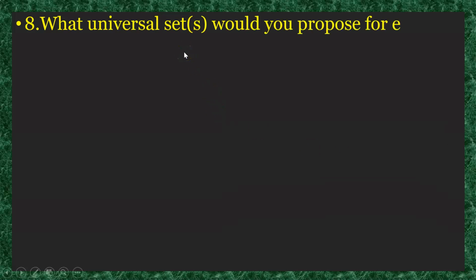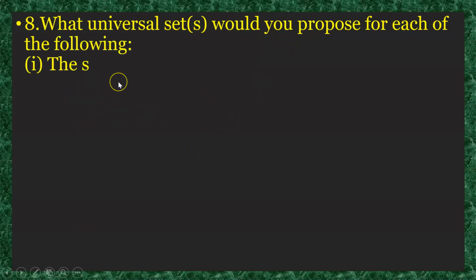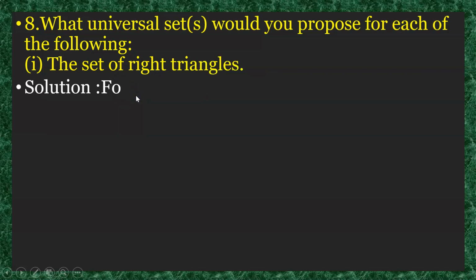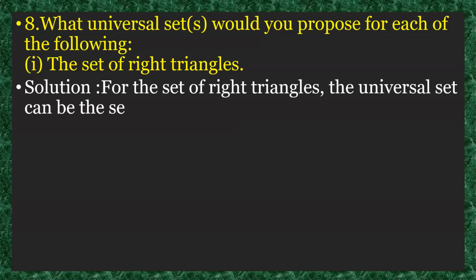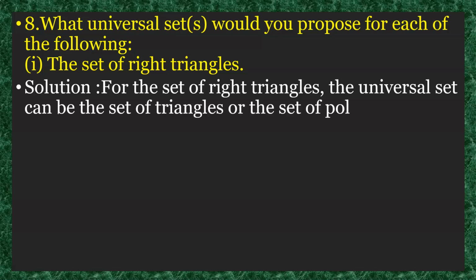Question number 8. What universal sets would you propose for each of the following? First, the set of right angles. Here are all the triangles. For the set of right angles, the universal set can be the set of triangles or the set of polygons.